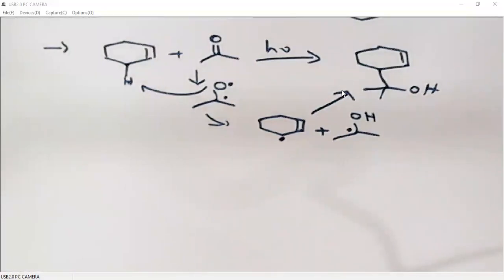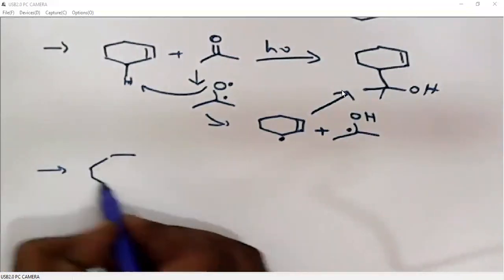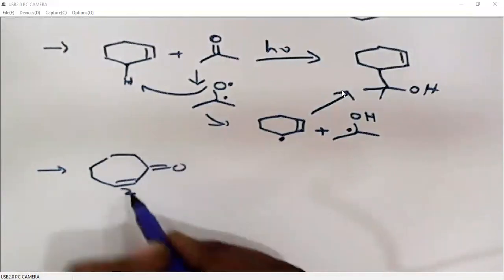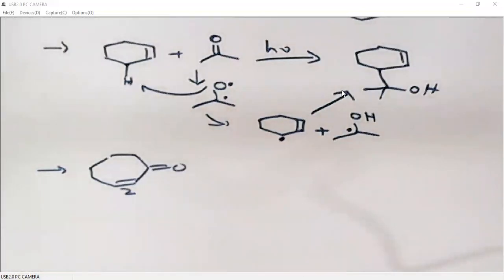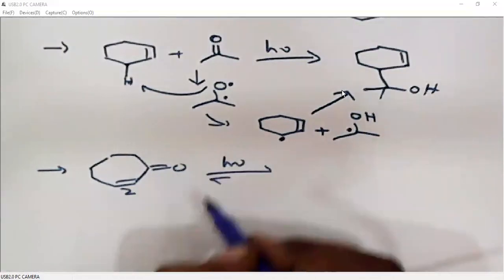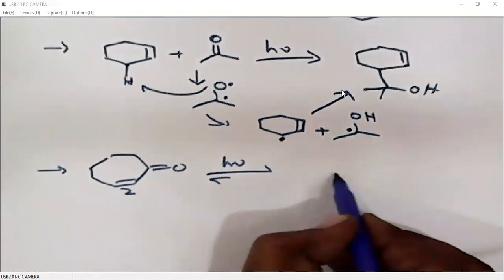Not only this photoreduction or abstraction of sterically proximate hydrogen, it is also possible to have photoisomerization. This is a Z double bond, a double bond in 7-membered ring. When it is treated under photochemical conditions, it undergoes isomerization. How?